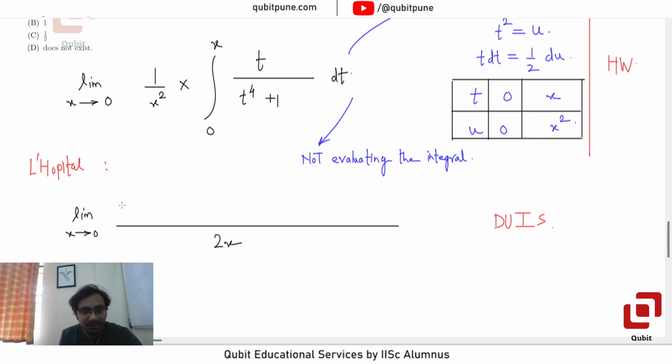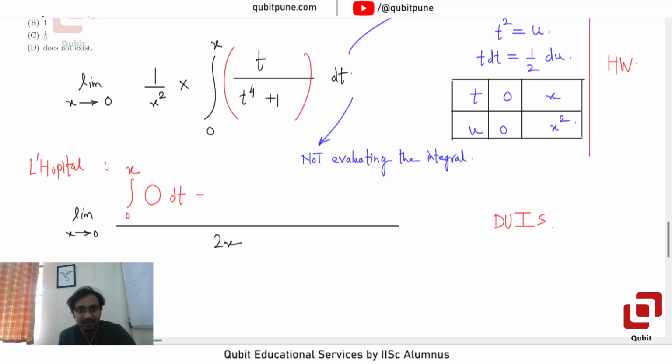First, we keep the limits and this part as it is, and we take the partial derivative of this with respect to not t but with respect to x, because we are differentiating with respect to x. Because there is no term in x in that function, I will write it as 0.